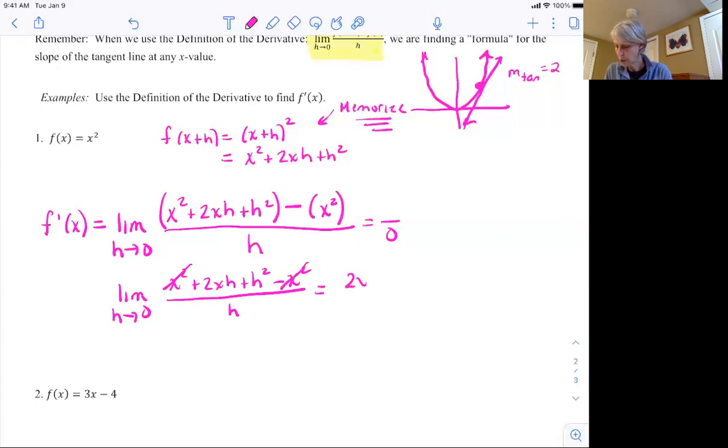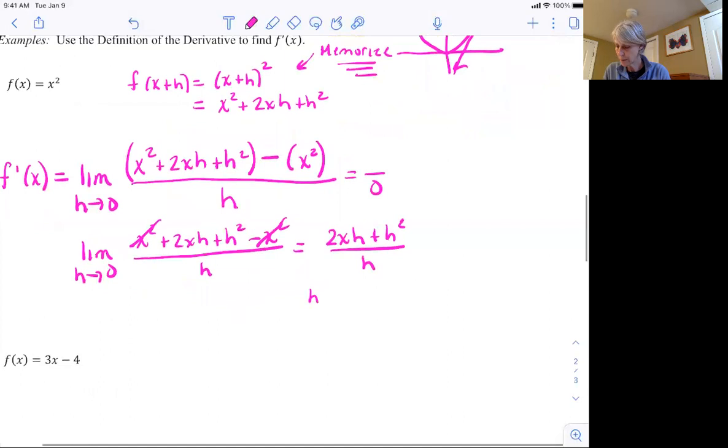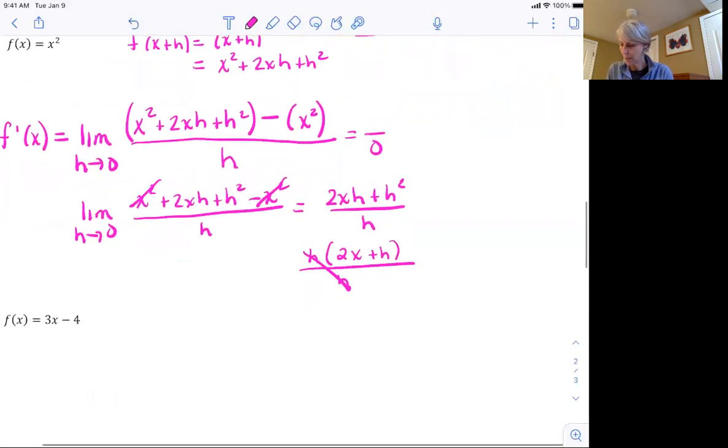And if you look at what you're left with, I can factor an h out. My h's cancel. And I'm going to reevaluate. Right now that I simplified it, we're going to reevaluate this.